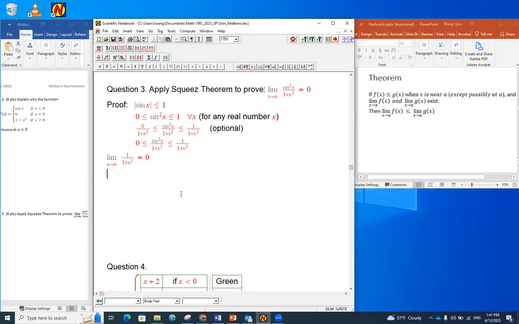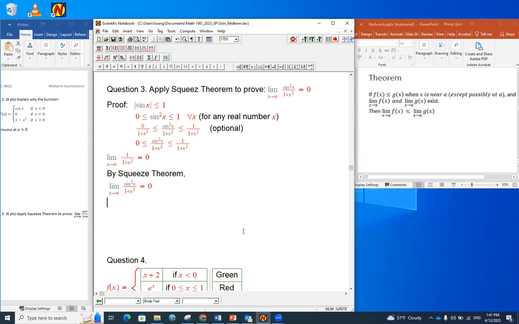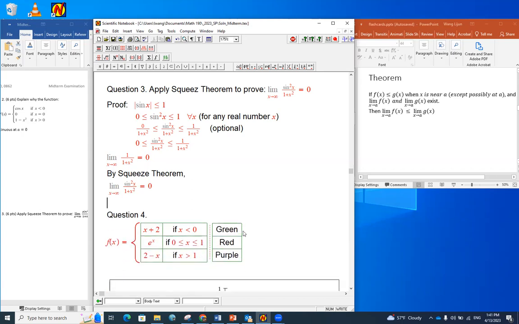Then you can say by the squeeze theorem, the limit that is squeezed in between is 0. So that's proved. Some of you proved it another way, that's okay, but I find this way is much simpler.